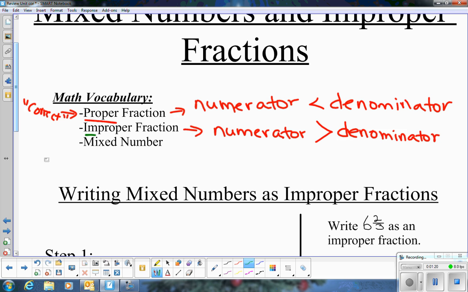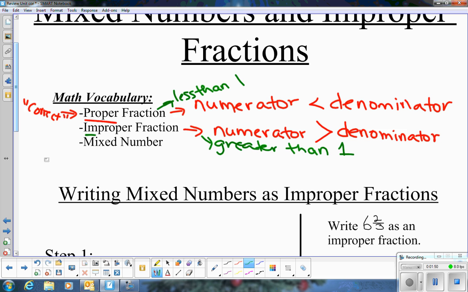Improper. A proper fraction, by the way, is less than 1. Right? Anything where the top is smaller than the bottom is less than 1. One whole would be when the top is the same as the bottom. And the improper fraction is greater than 1.